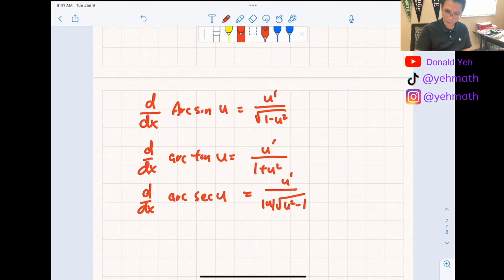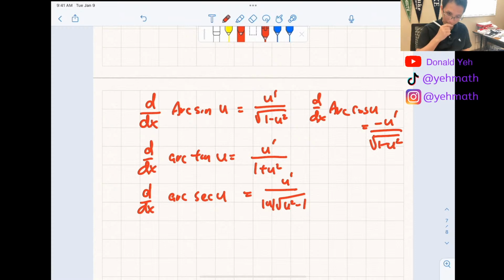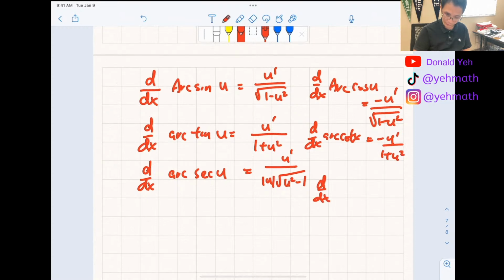The derivative of arc cosine of u is equal to negative u prime over the square root of 1 minus u squared. The derivative of arc cotangent of u is equal to negative u prime over 1 plus u squared. And the derivative of arc cosecant of u is equal to negative u prime over absolute value of u times the square root of u squared minus 1.